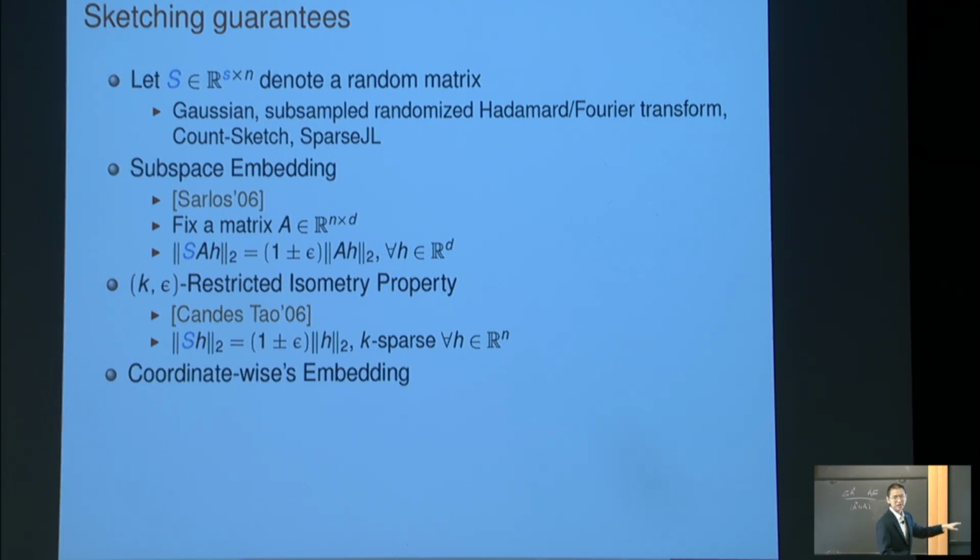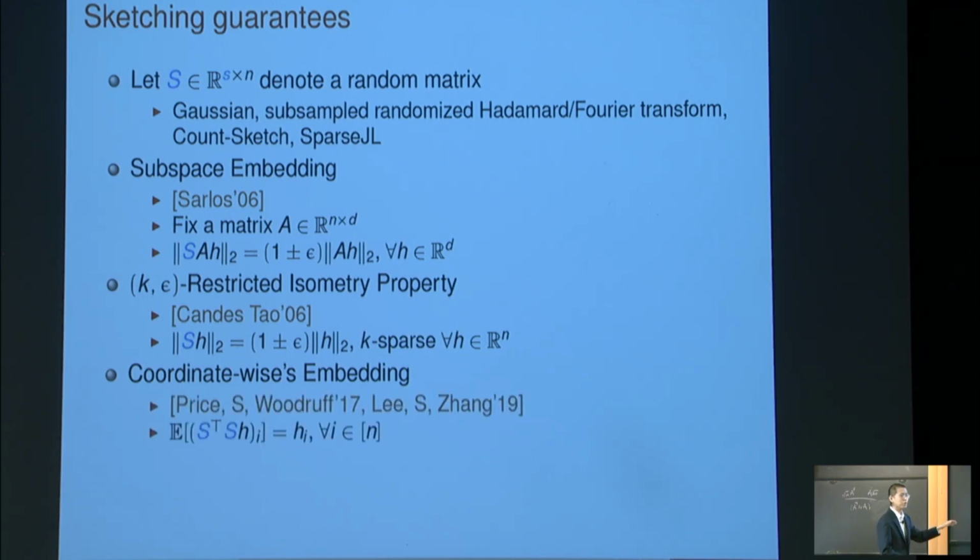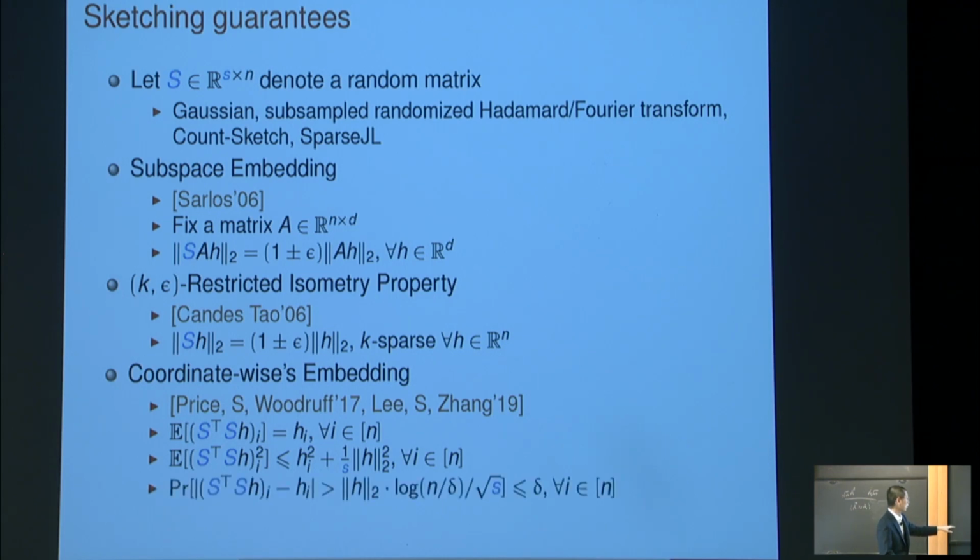Here we care about something very different, called coordinate embedding. The definition is the following. You only need to make sure each coordinate is correct. This h is a vector you multiply on the right-hand side with your projection matrix. Then you need to make sure the variance is small, and with high probability the infinity norm is small. The guarantee we provide is just for a fixed h, and we don't need to do a union bound over all h in some space. But the previous two guarantees work for all h in some space.